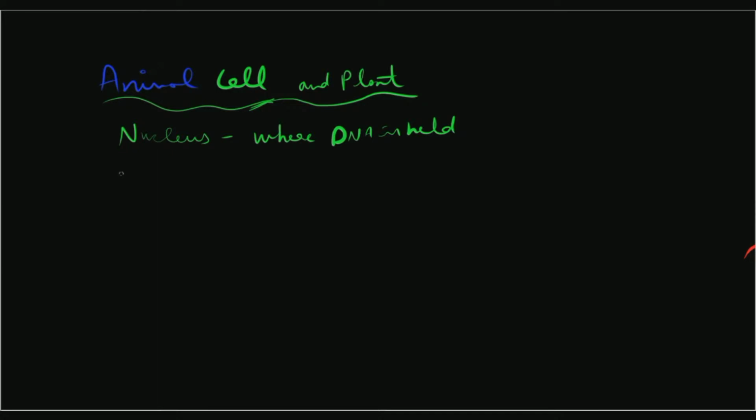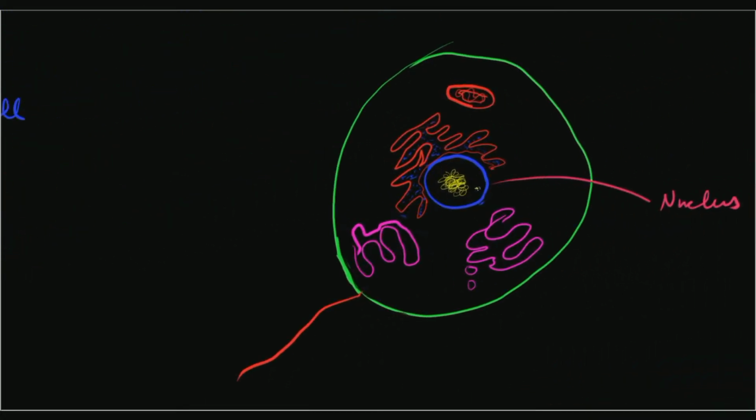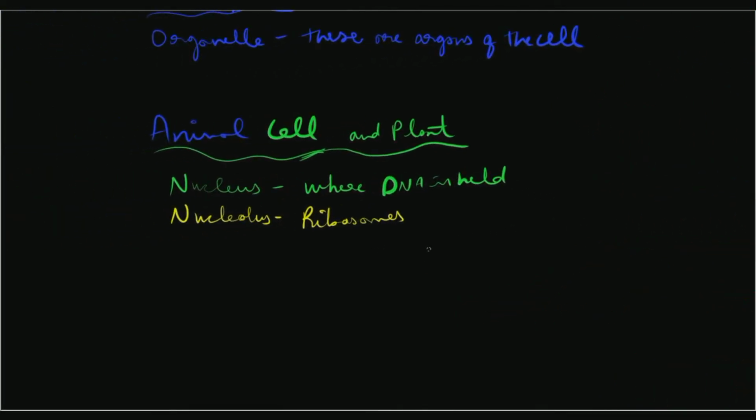Inside the nucleus, we have the nucleolus, and this is where ribosomes are made. Again, we have the nucleus, and inside the nucleus, somewhere here, we have the nucleolus. So what are ribosomes?